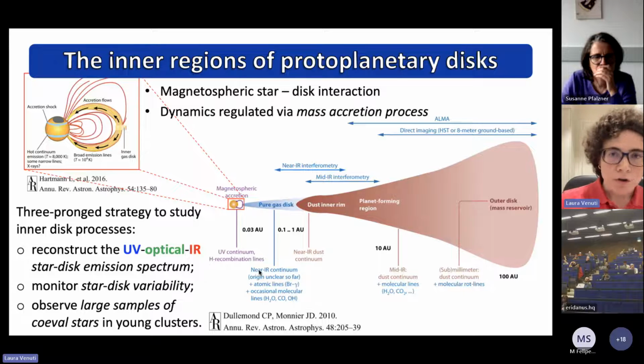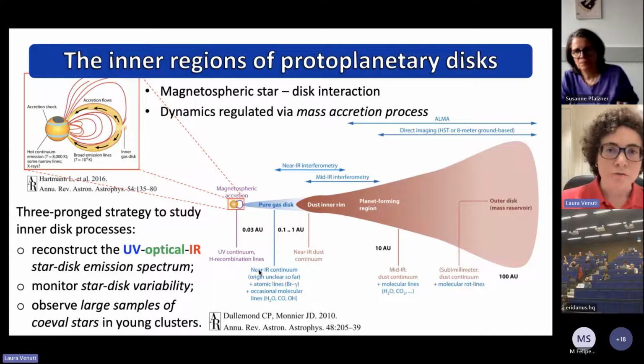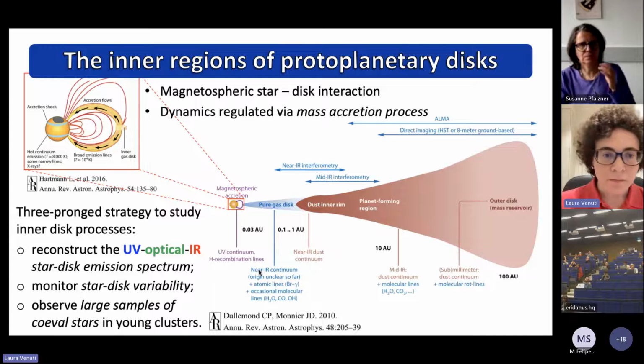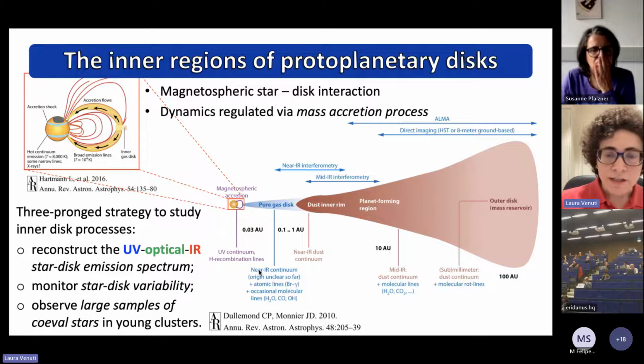We can then monitor how these emission features change as a function of time in order to study the dynamics of star-disk interaction. And we repeat the observations for large samples of stars in clusters of different ages in order to study the statistical evolution of these processes.